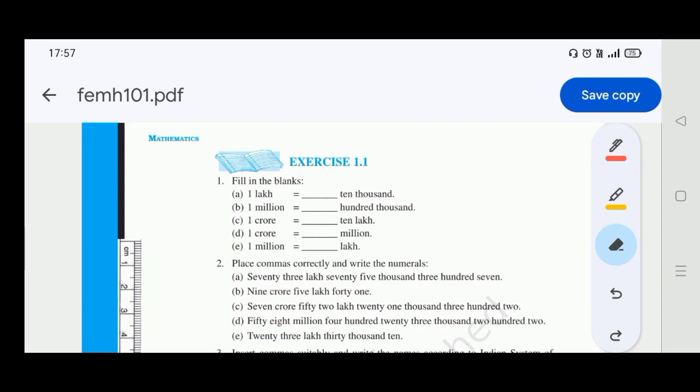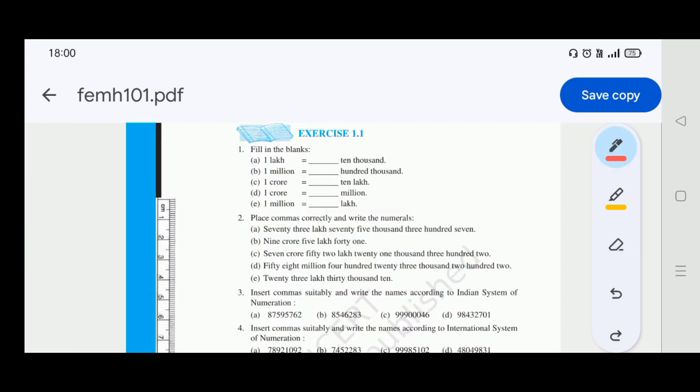Next is exercise 1.1. First question, fill in the blanks. 1 lakh is equal to how many 10,000? We know that 1 lakh is written like this.